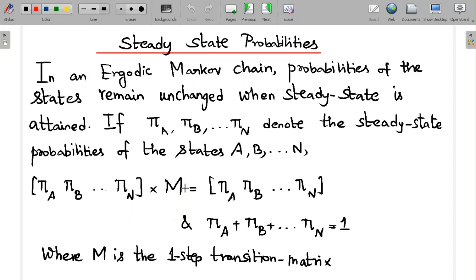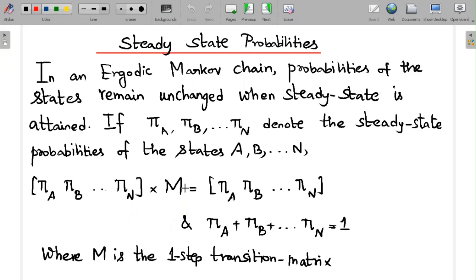We've already discussed what an ergodic Markov chain is in the previous video. All states of the Markov chain should be non-null persistent and aperiodic. Once these two are observed, then every state is ergodic and the Markov chain is also ergodic. And whenever the Markov chain is ergodic, the probabilities of the states will remain unchanged when this particular situation of a steady state is attained.